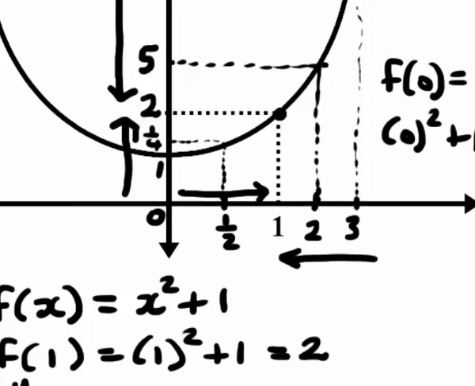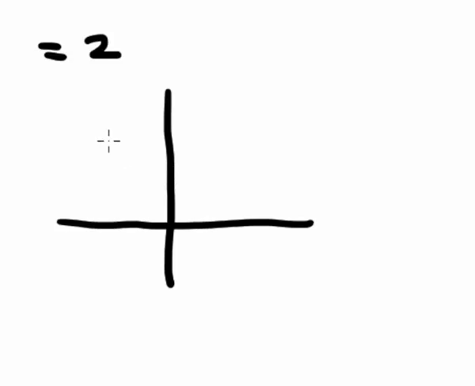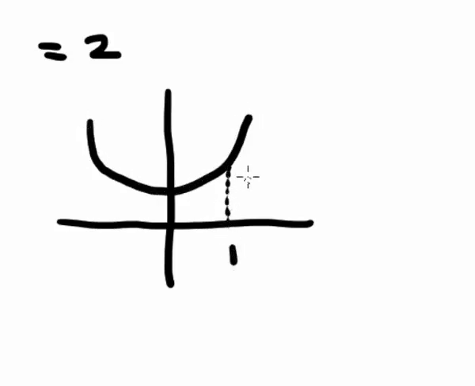So in essence, what's happening with this limit thing, if you've got a parabola graph, goes like this, and you choose 1, as x approaches 1 in either direction, the y values are approaching from top and bottom, they approach 2.